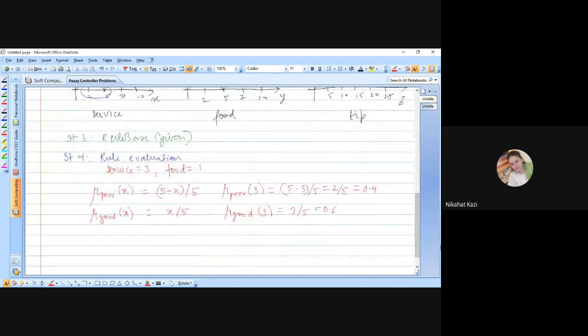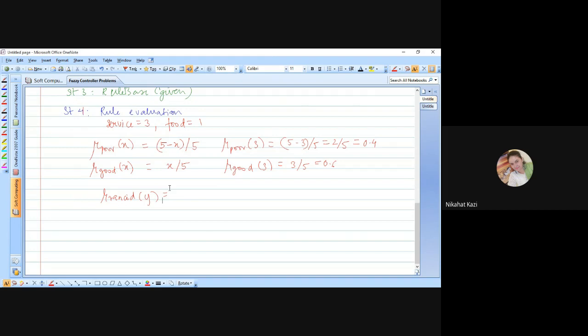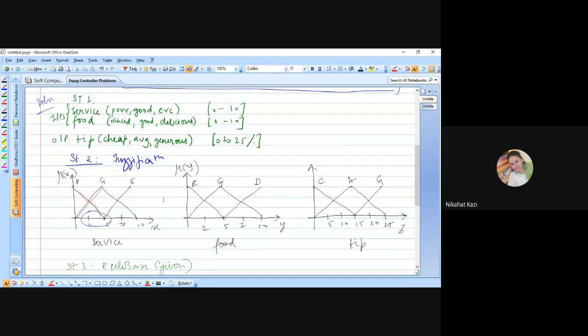Okay. So for this particular function, rancid of y will be considered. And what is that equation? The same equation as service, because we have taken the same equations for service and food.